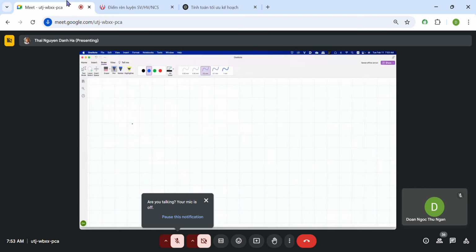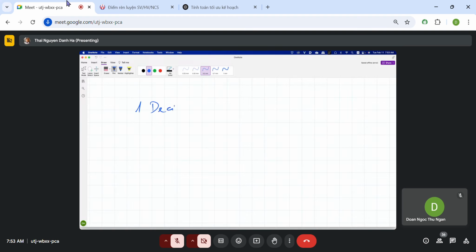So that means we just have one decision here. If we have one decision, we just draw one square here, and this is the first decision as well, right? And actually, we just have one decision.